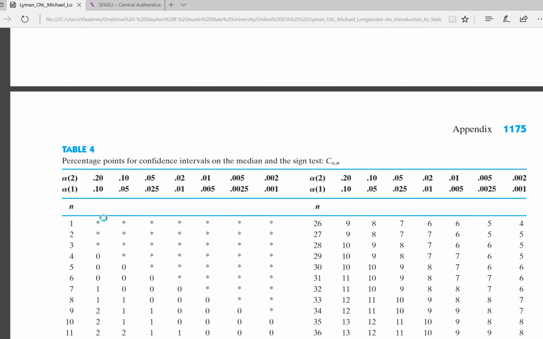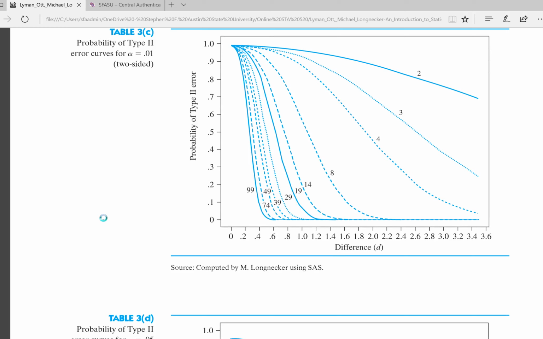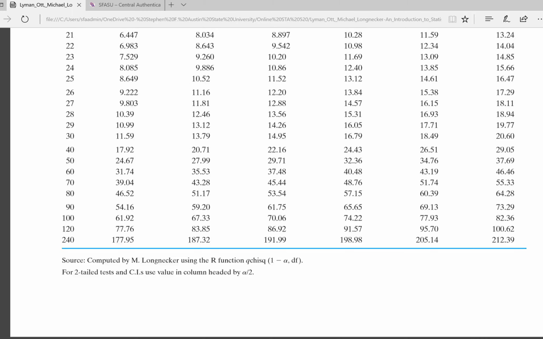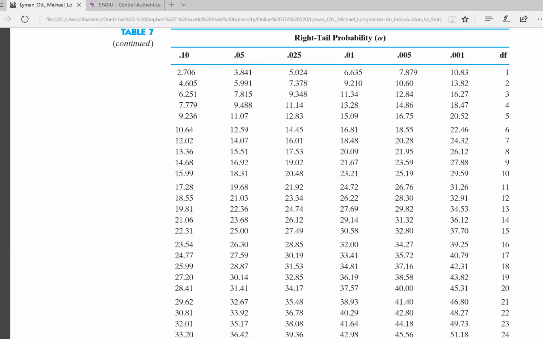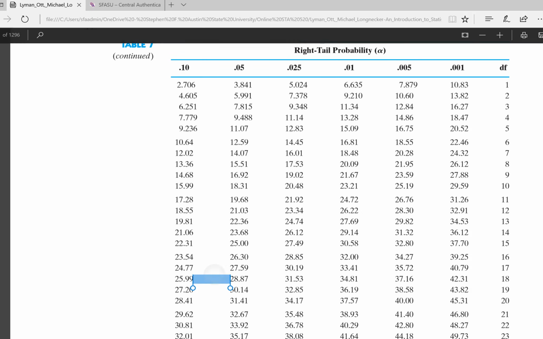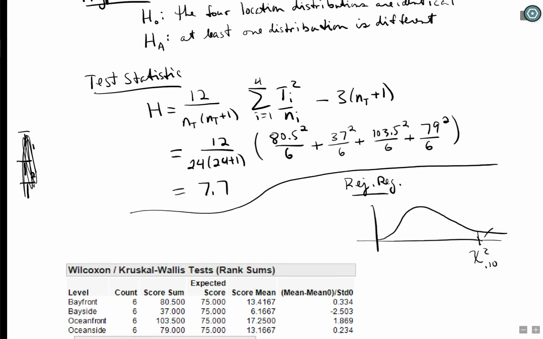Chi-squared table here. So here's my chi-squared table, and I'm going to deal with degrees of freedom of 3 because I've got 4 minus 1, and I'm going to look here for 0.90. Actually, no, 0.10 is what I'm looking for, the right tail probability. Degrees of freedom 3, 0.10, I get 6.251 as my critical value there, 6.251.